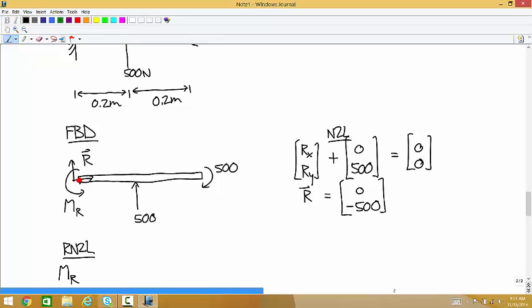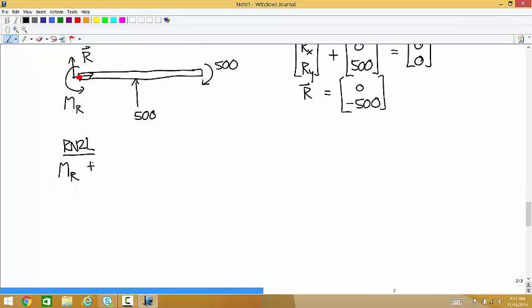The force is 500. Would that cause a clockwise or counterclockwise rotation? Counterclockwise, so it's a positive 0.2 times 500, which is 100. And then we just add on this 500. Is that clockwise or counterclockwise? Clockwise, so that's minus 500. And that's all equal to 0. So that tells us that MR is equal to positive 400.